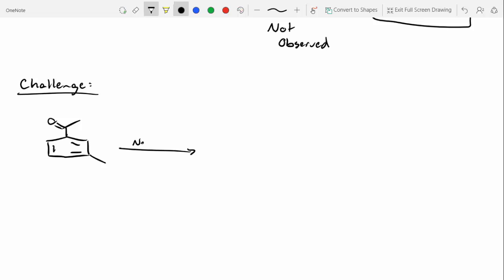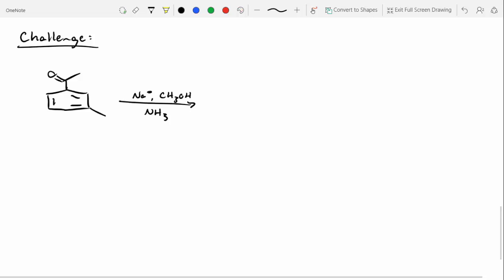And we've got ammonia, methanol, and sodium. What product will we get out? Easiest thing to do, I would say, is circle your substituents, identify them as electron withdrawing, electron donating, predict whether or not that attached carbon wants to be reduced or does not want to be reduced.